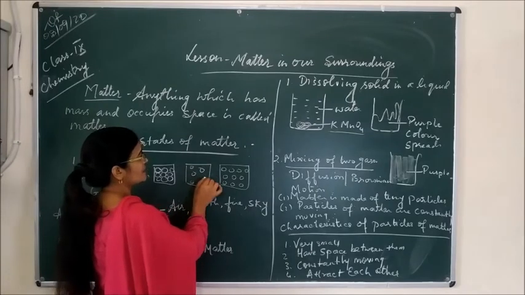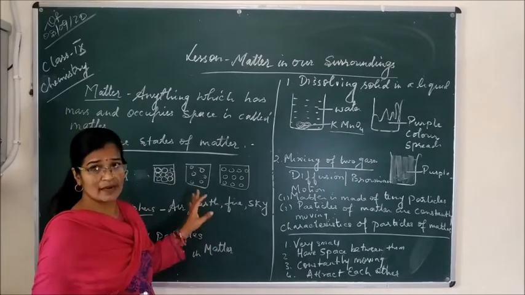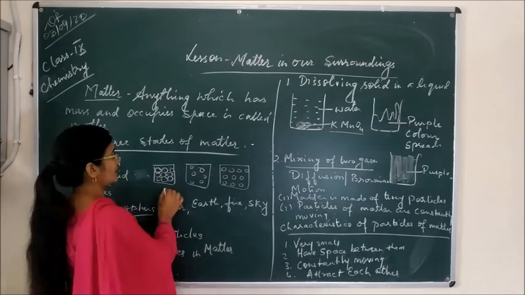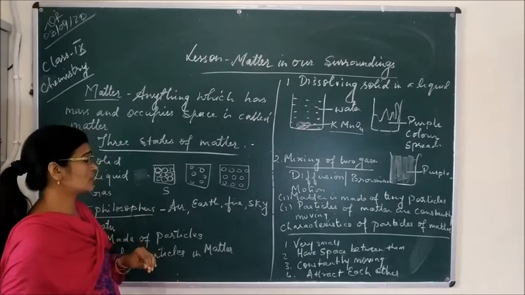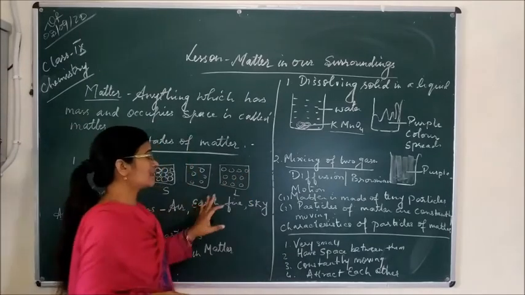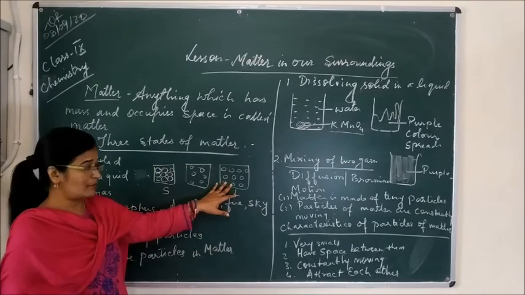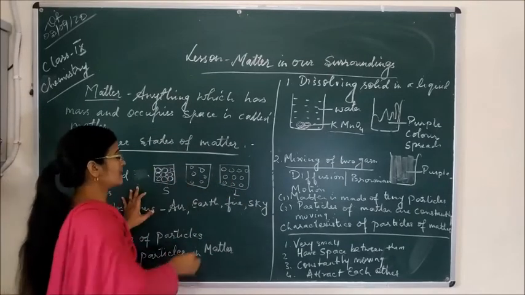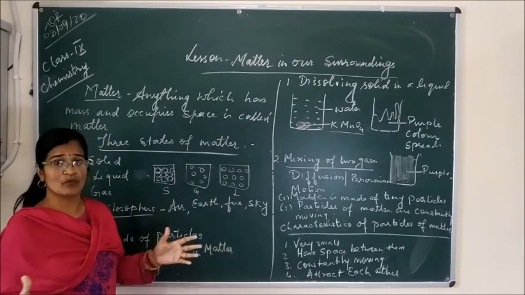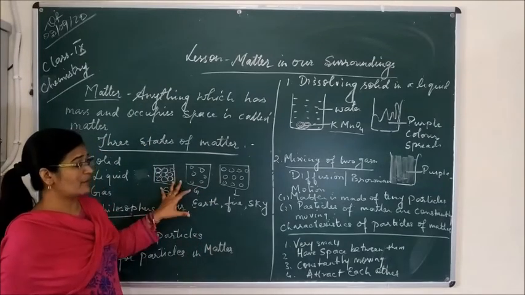So that's why in gases the particles can move randomly. So here the difference is that in solid the particles move in their own position. The liquid moves where the space is there, that's why the liquid can flow. And in gases the particles can move freely. So this is the main difference.